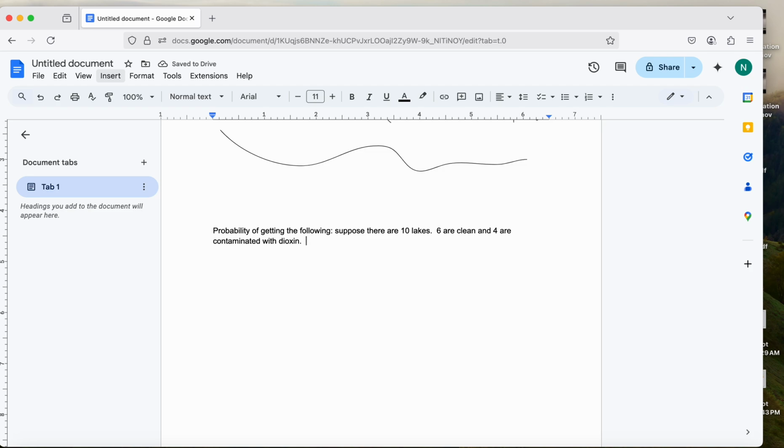Now, we want to do some kind of sampling. We don't have the resources to be able to sample all 10, just pretend. So we want to know the probability, when we draw a sample of 4 lakes, of getting 2 that are contaminated and 2 that are clean in our random sample.